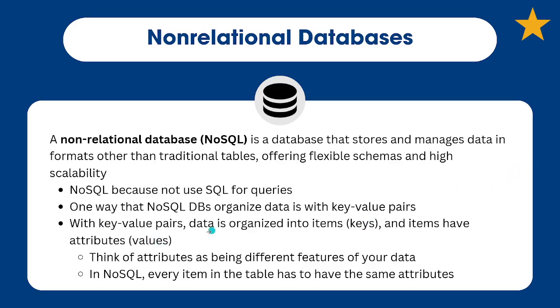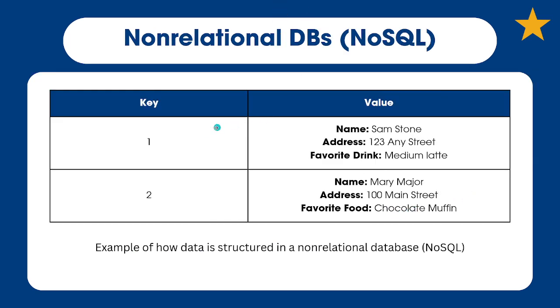With NoSQL databases, they're not going to organize it into tables. Here's what it might look like in a non-relational database. So for example, we might have a key, right, similar to the unique ID. And then rather than mapping it into rows and columns, it's just going to map out into this object format. If you've ever seen JSON, it kind of looks like this.